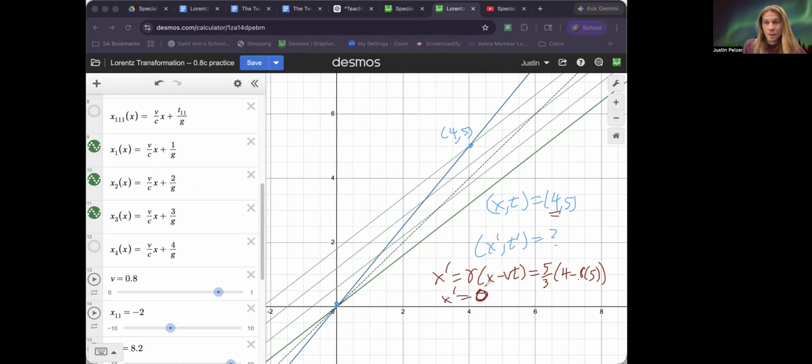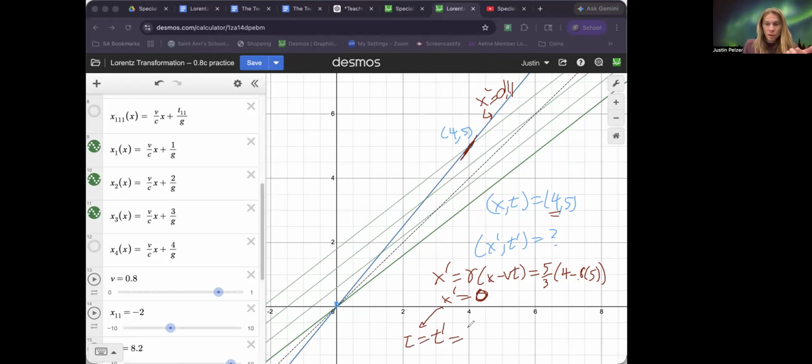Cool. That should make tons of sense. Why does that make sense? This is x prime equals 0. This is the world line. Of course it's x prime equals 0. How about t prime? We already figured it out because if x prime equals 0, t prime is tau.